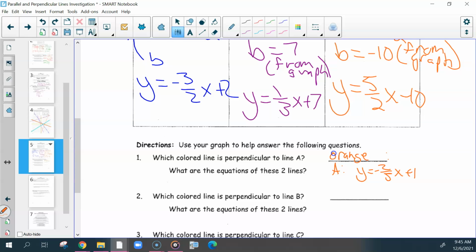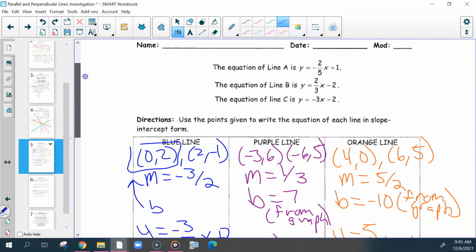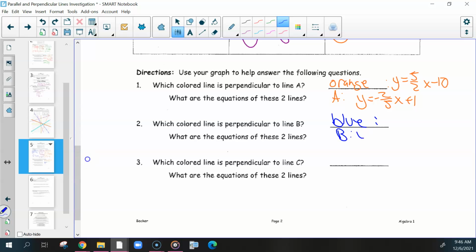And the orange was 1 equals 5 over 2x. B and the blue. Two-thirds x minus 2. I think these are the exact same lines.